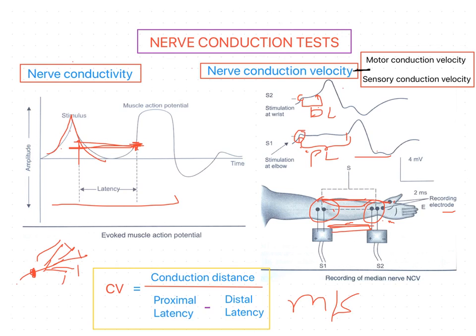Next is the sensory conduction test. The sensory conduction test is measured in the same way as the motor nerve. However, there are some differences in the technique. All the sensory nerves can be tested using orthodromic conduction, that means in the physiological direction, or antidromic conduction, opposite to the normal direction.